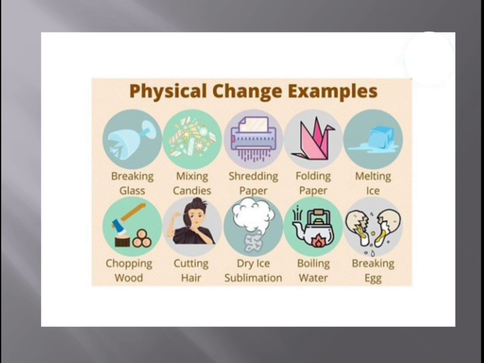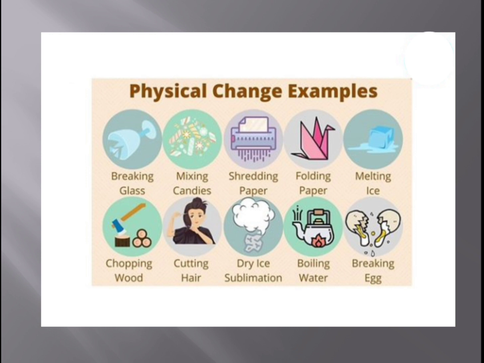And physical change also means that there is a change in the physical form but no new object is formed. From glass it formed into pieces of glass, but no new object is formed, isn't it, children? If a new object is formed, that is not physical change, that is a chemical change. Okay, so tearing the paper.